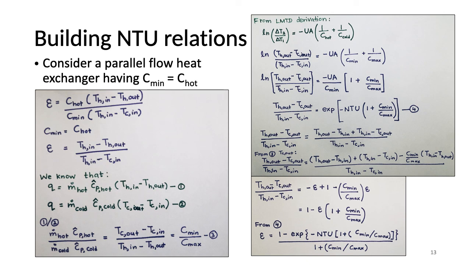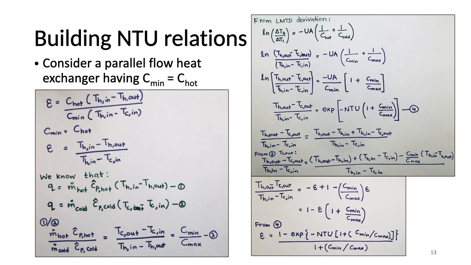Use these formulas to derive the relation for C min over C max. From log mean temperature difference derivation, we have this formula and we can substitute the relevant temperatures for delta T1 and delta T2. Also use C min and C max instead of C hot and C cold.